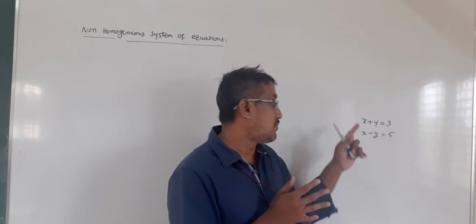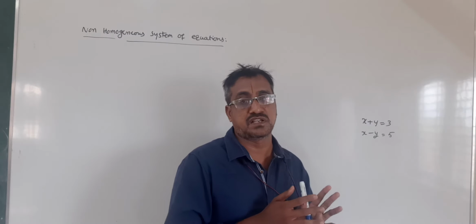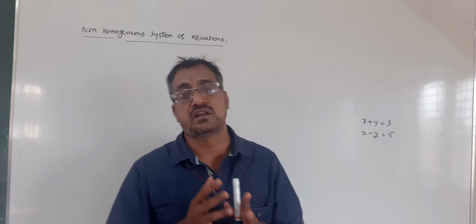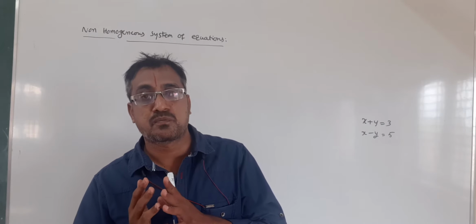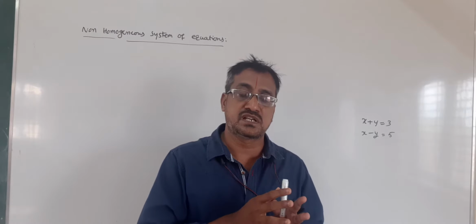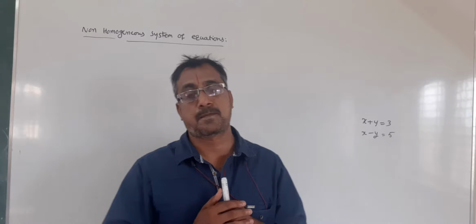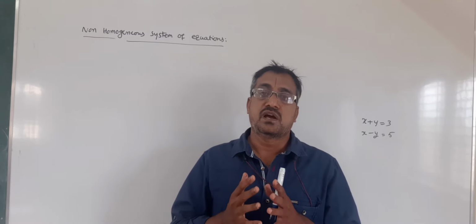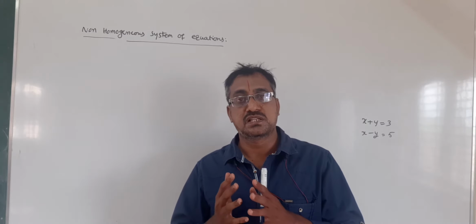So here the number of unknowns is equal to the number of equations. Remember that point. If the number of unknowns is equal to the number of equations, then you can solve those equations and find the solutions.